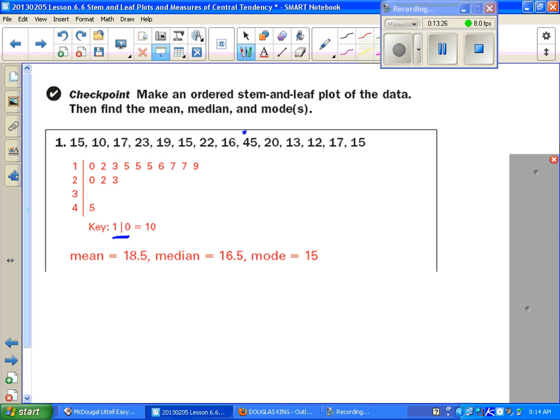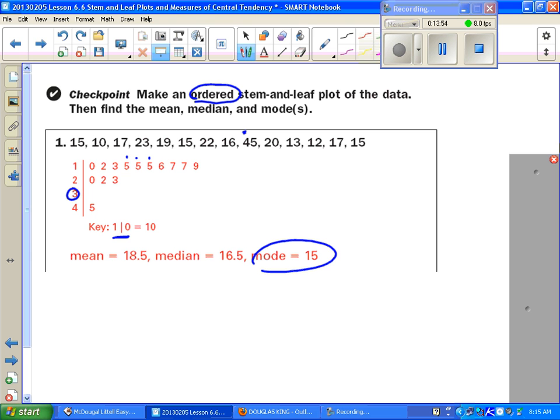So you have a lot of 10 values: 10, then 12, 13, 15, 15, 15, 16, 17, 17, 19. That's in order. Notice it says to make it in order. 20, 22, 23, there are no 30s, but notice 30s are represented, it just doesn't have any values attached to it. And then 45. The easiest one for you to pick out is the mode. 15 shows up 3 times. That's why it's your mode.